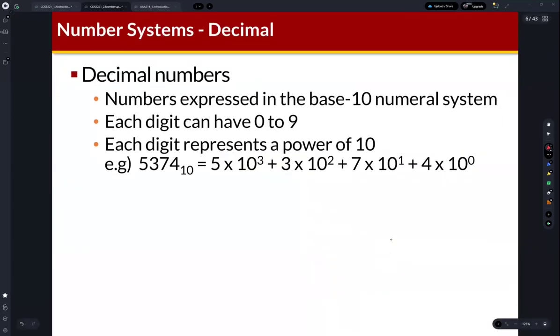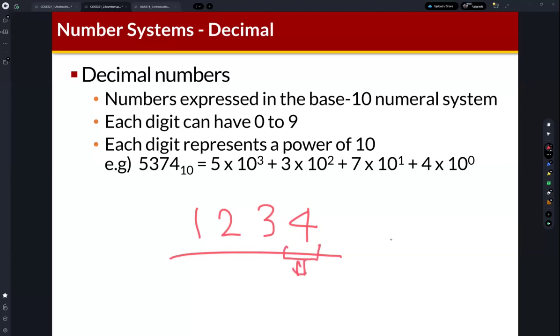Then let's start from the real world number system. In the real world, we use the decimal number system. What does that mean? What is the decimal number system? So we write 1, 2, 3, 4. This is 1234, right? Actually, this is the digit.